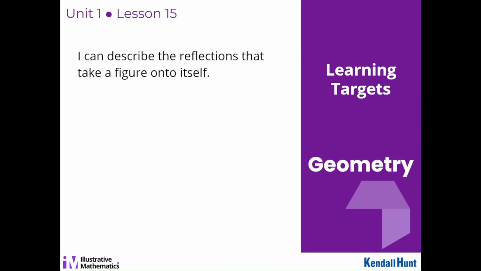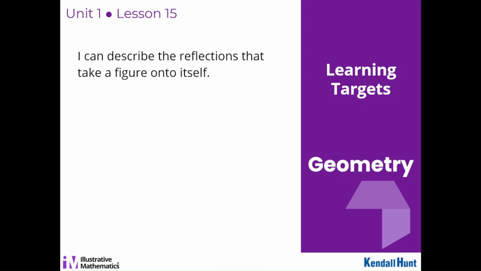And what they mean by this is that you're able to look at a figure, determine where that line of symmetry is, and describe something such as, if I draw a line of symmetry vertically through the center point and then take the left side onto the right side or the right side onto the left side, then the figure goes onto itself.